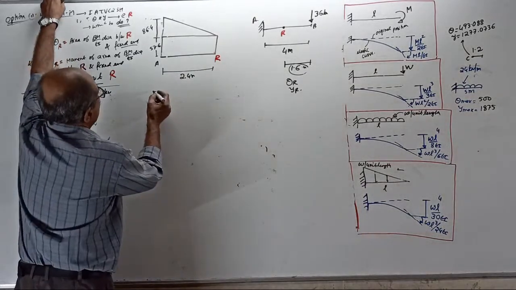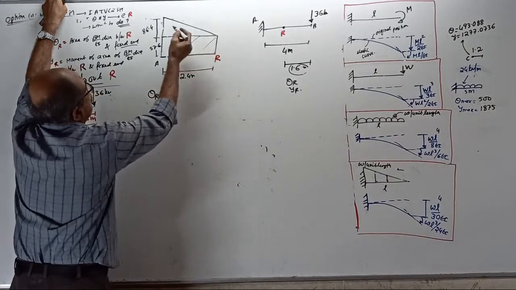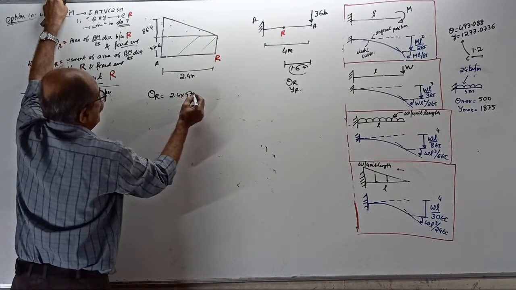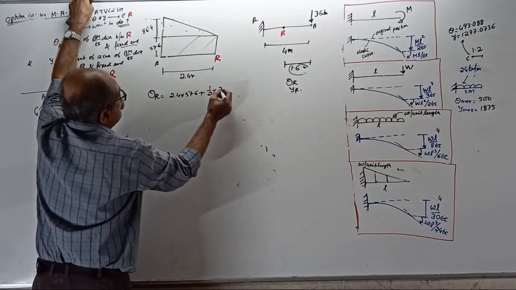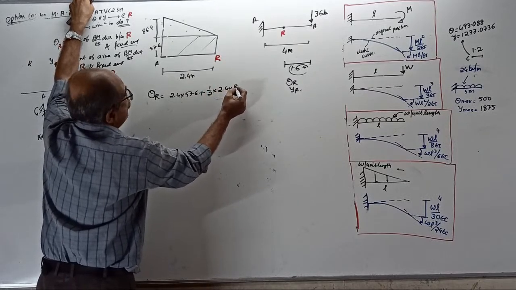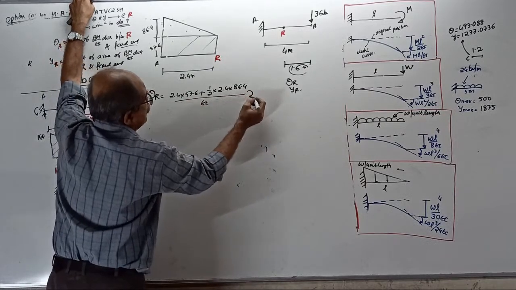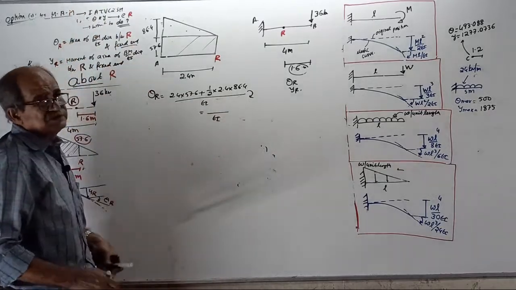Start. Now, theta R equal to this area plus this area: 2.4 into 57.6 plus half into 2.4 into 86.4, divided by EI. That much clockwise. Can anybody tell the answer? Something by EI. Answer fast.